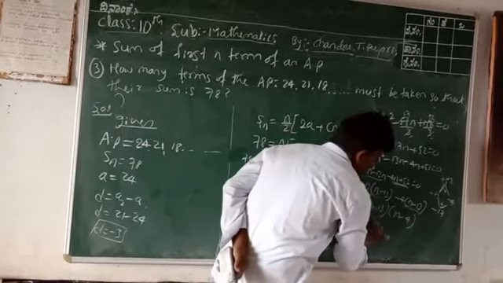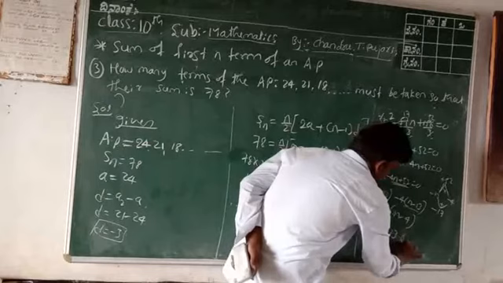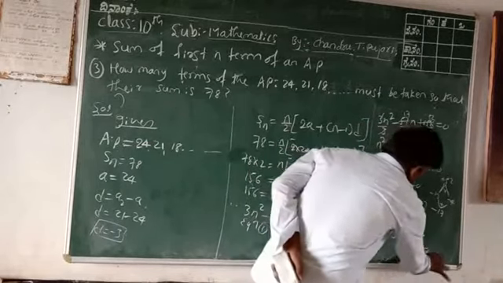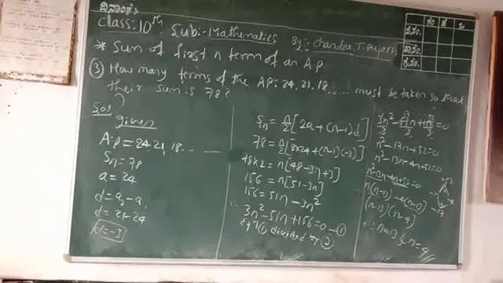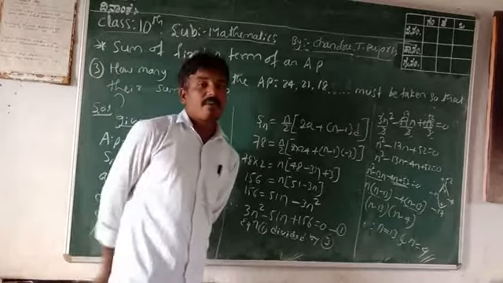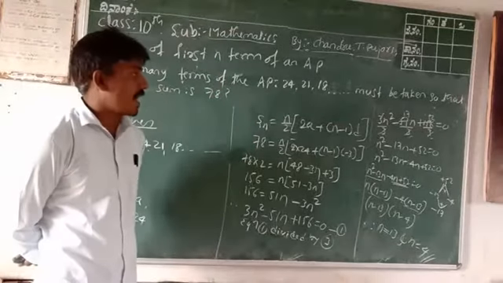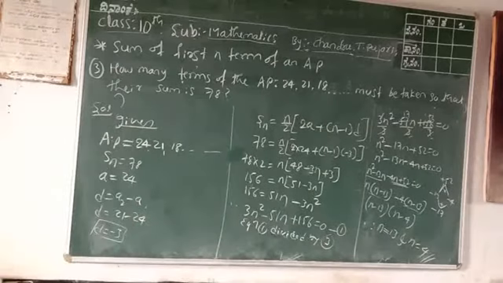Therefore n is equal to 13 or n is equal to 4. Dear student, in this type of example, do more examples in your homework. Okay, I shall continue next class.